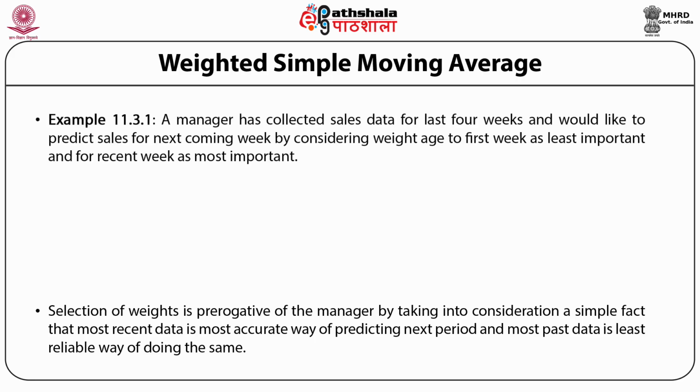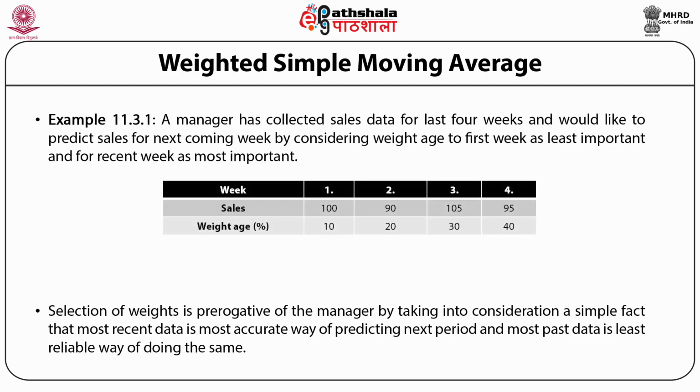The example indicates that the manager has collected sales data for last 4 weeks and would like to predict sales for next coming week by giving weightage to the first week as least important and to the recent week as most important. The table gives the data of 4 weeks.